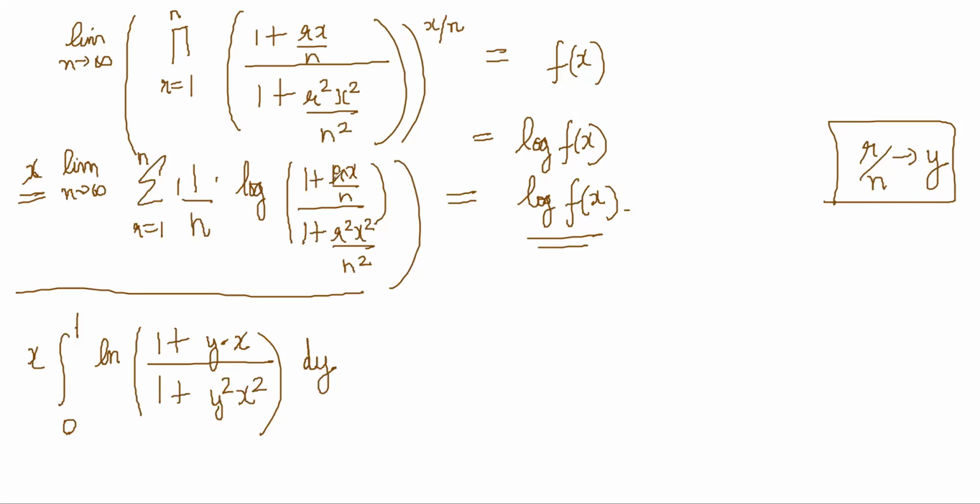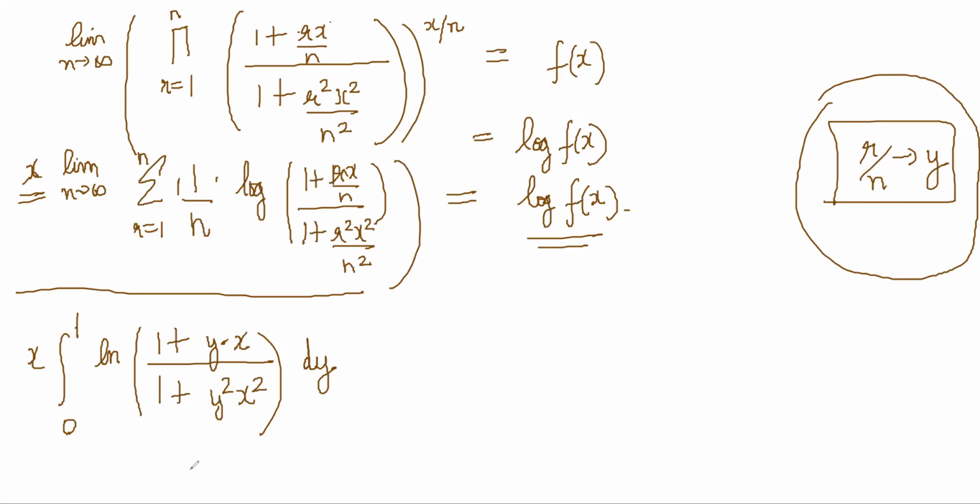That will change the whole thing. The real variable for integration is r by n. It has no connection with the x that was already there in the question. X was already there, so you cannot use the same variable again. So you have to use y for it, or whatever you want to use.